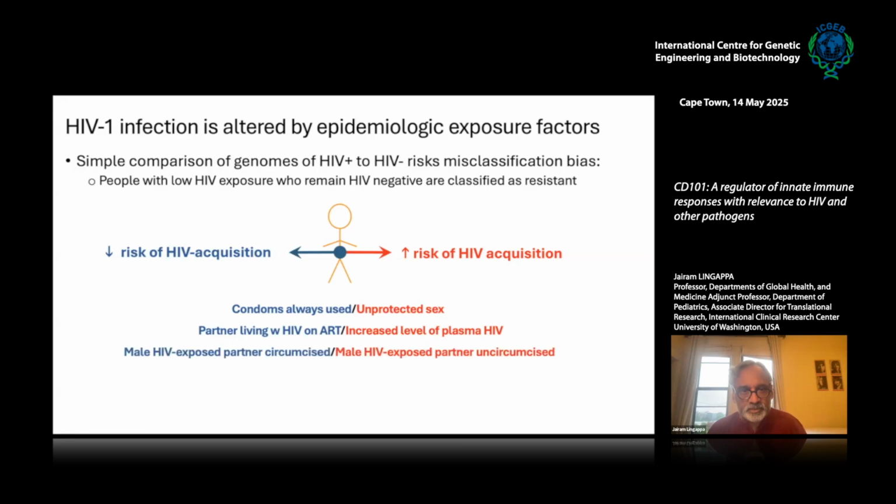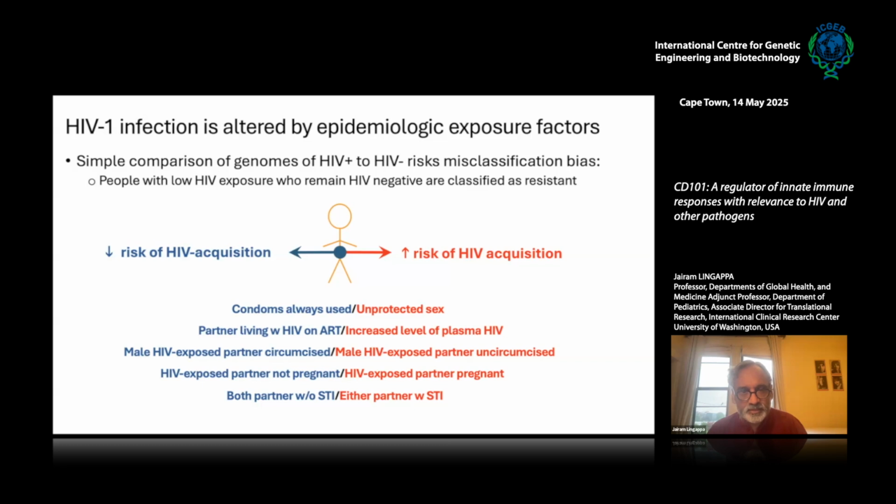Male partners who were circumcised had reduced risk versus the male exposed partner being uncircumcised, increased risk of acquisition. And there were other biological factors such as pregnancy and sexually transmitted infection status that also modified the risk of HIV.